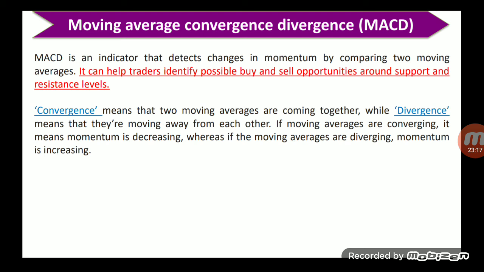It can help traders identify possible buy and sell opportunities around support and resistance levels. Convergence means that two moving averages are coming together, while divergence means that they are moving away from each other. If moving averages are converging, it means momentum is decreasing, whereas if the moving averages are diverging, momentum is increasing.